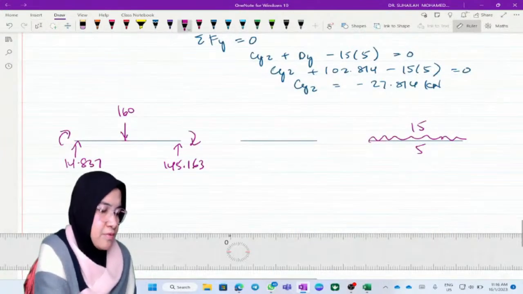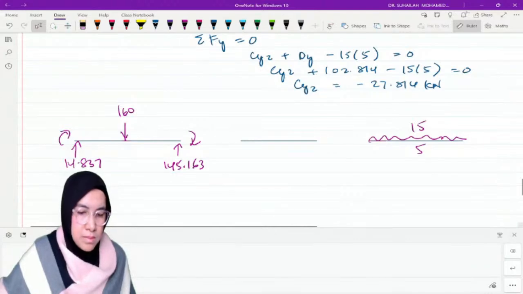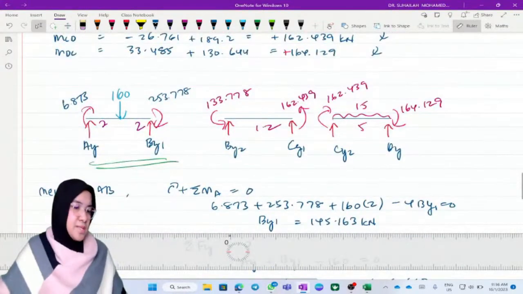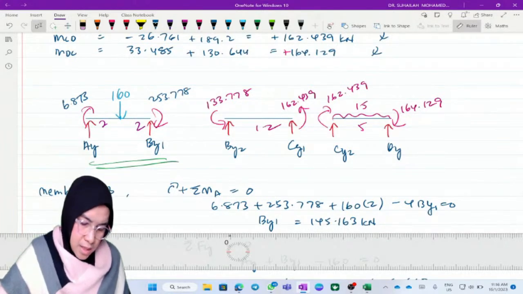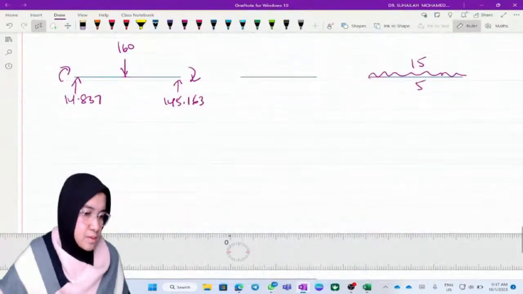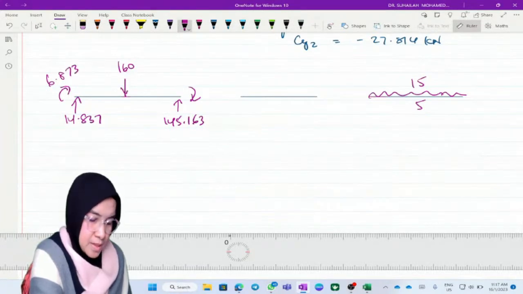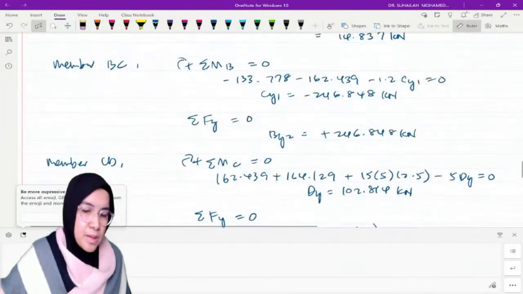Then 6.873 and 253.778. So this is 6.873 and 253.778.